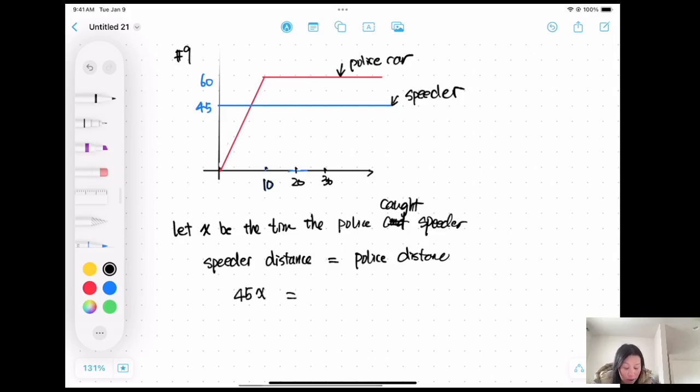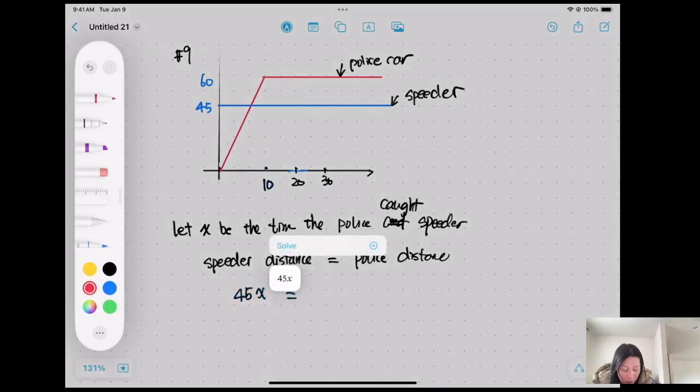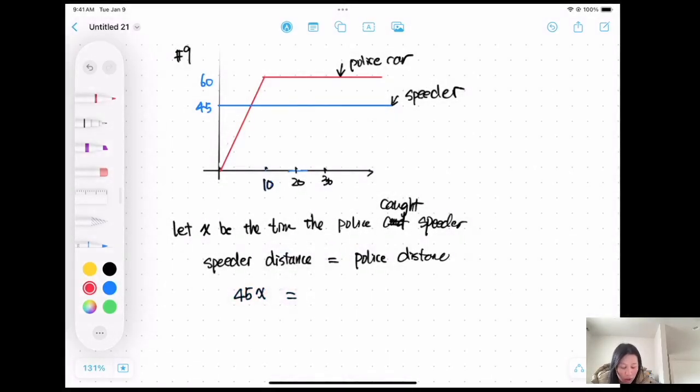The police car is a little bit complicated because it contains 2 parts. One part is a little triangle, because they might catch up in the front, but it doesn't look like it. So the first part would be 10 times the height, which is 60.